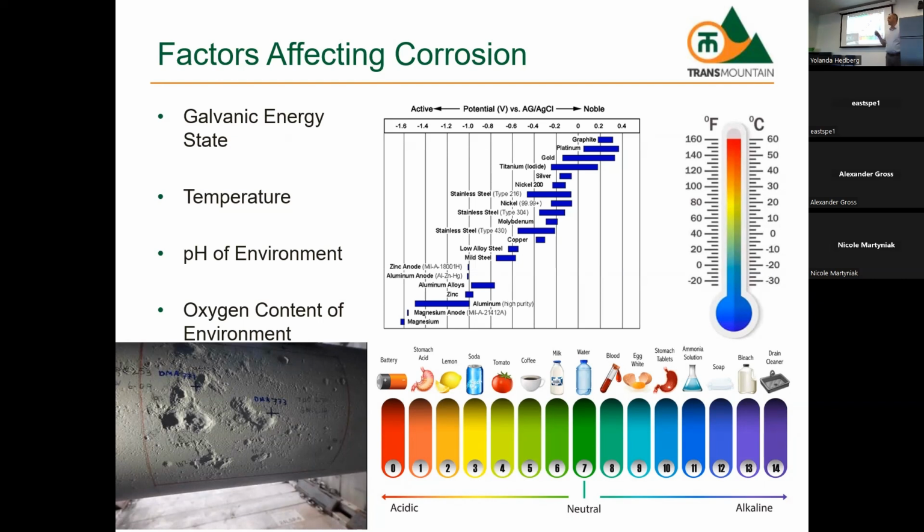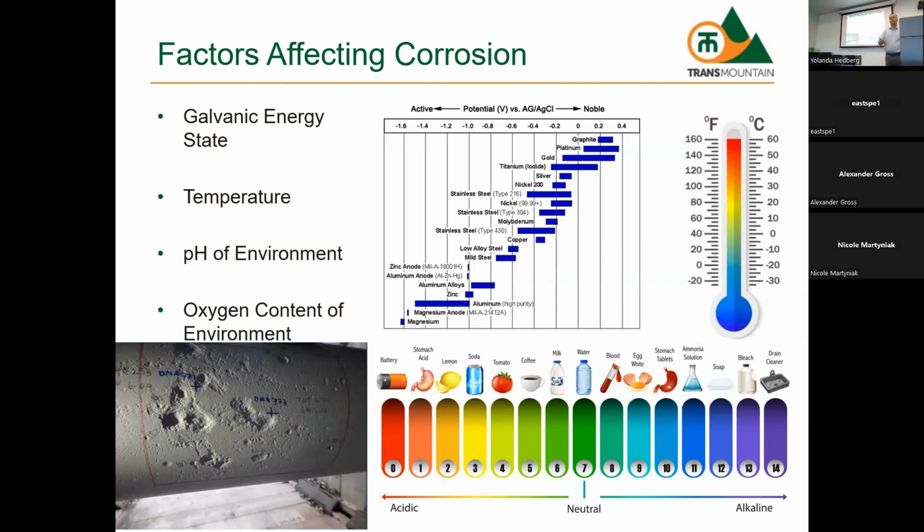Okay? If there's a temperature in the environment that is increasing your corrosion, your cathodic protection system has to combat that. If the temperature is lower or the soil resistivity is higher, okay, the environment isn't as corrosive naturally, so your cathodic protection system doesn't have to overcome as much.